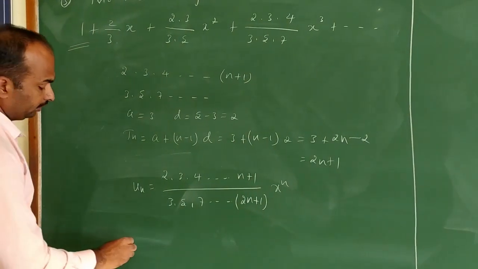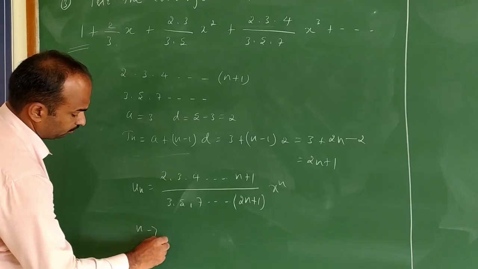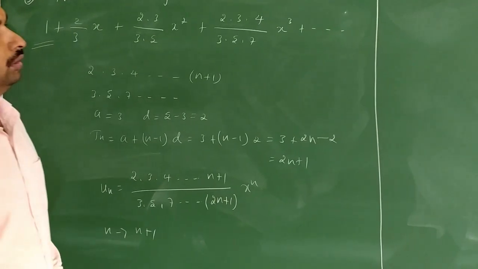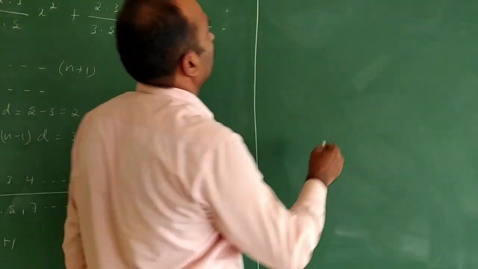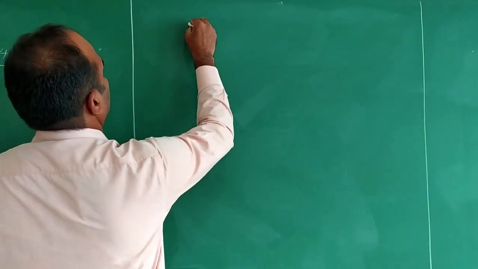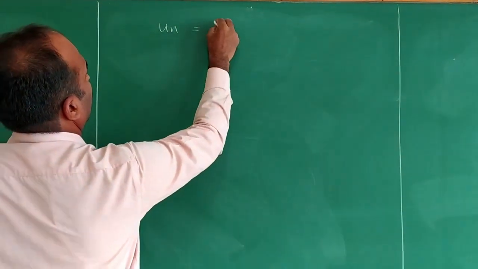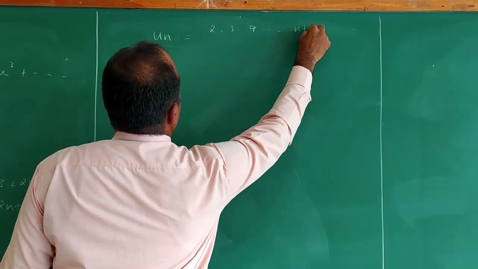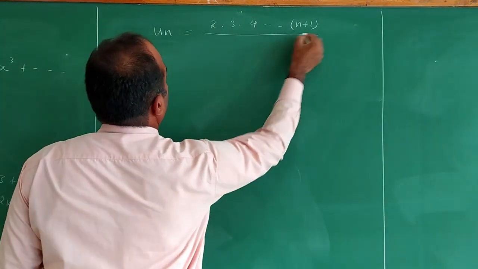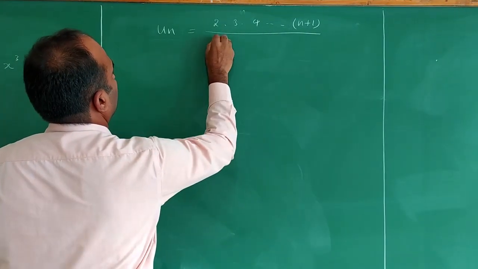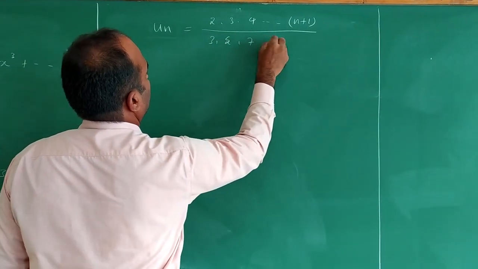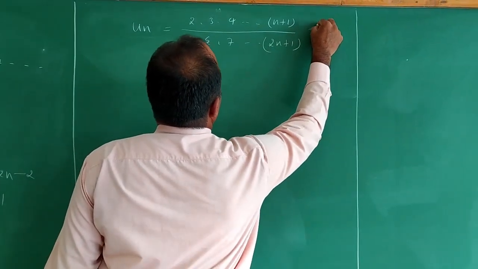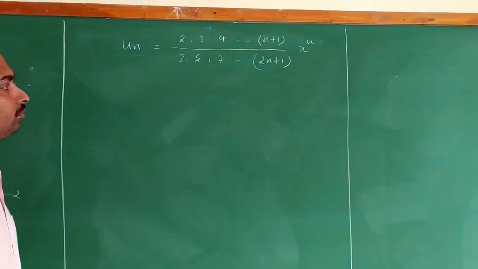So now I will change this n to n plus 1. Again I will write that un is given by 2, 3, 4, so on n plus 1, denominator 3, 5, 7, 2n plus 1 into x to the power of n.